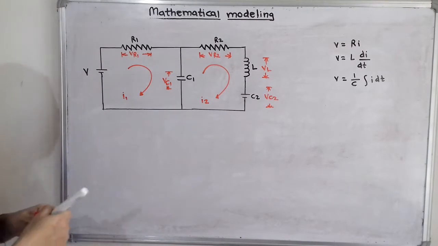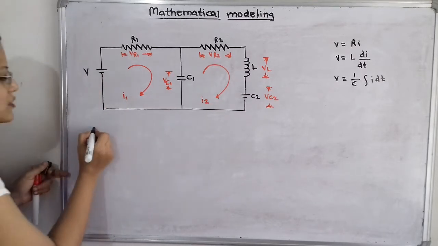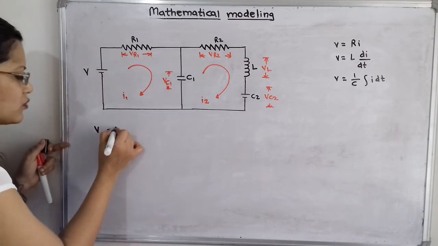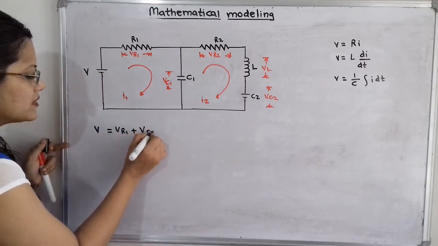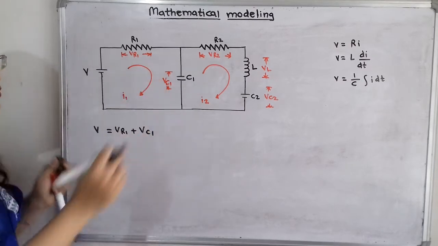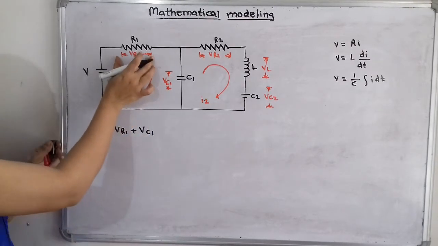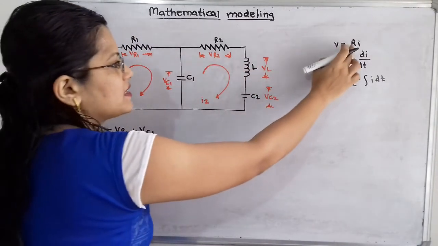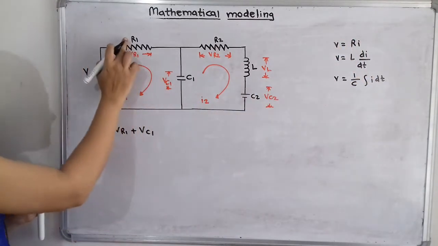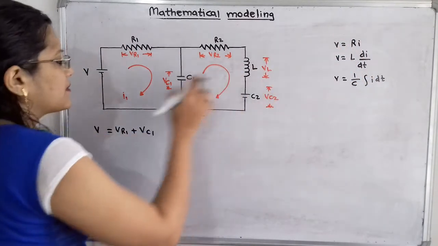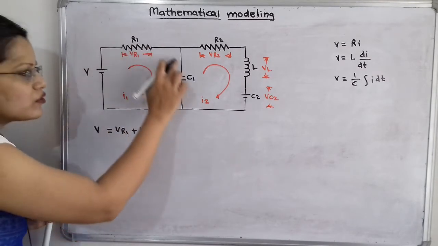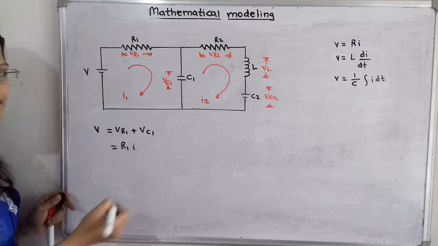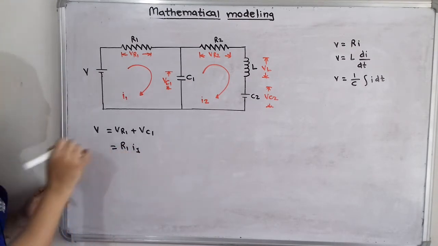So I will write V is equal to VR1 plus VC1, that is the voltage across R1 and the voltage across C1. Now what is the voltage across resistor R1? V is equal to Ri, but R is R1 and I is I1, because the current flowing through the first loop is I1. So I write R1 I1, with suffix 1.